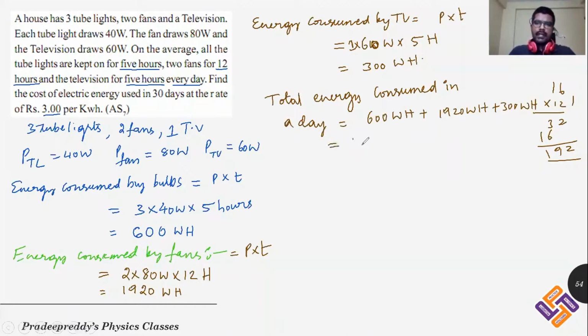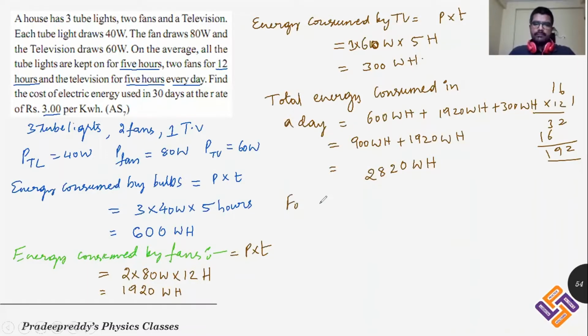This is 900 watt hour plus 1920 watt hour, which gives you 2820 watt hour. This is for a day.